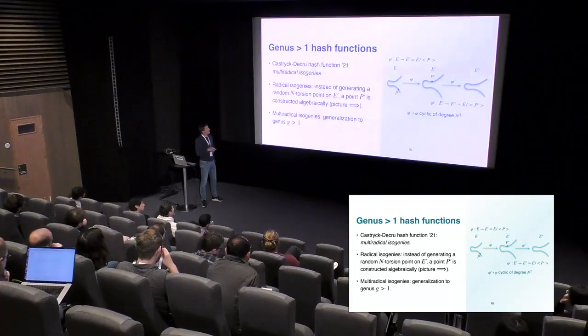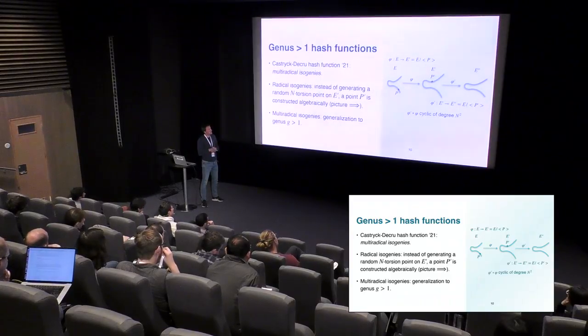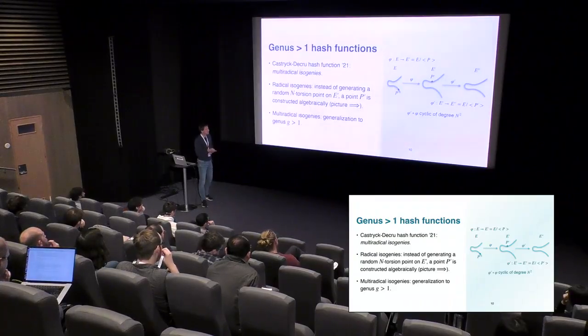But if you have radical isogenies, you start with an elliptic curve and a point on the elliptic curve, and you have efficient radical formulas to compute the codomain of this phi, which has the kernel generated by P, and you also get computed this new point that is the kernel of the new isogeny, and so on. And this is more efficient.